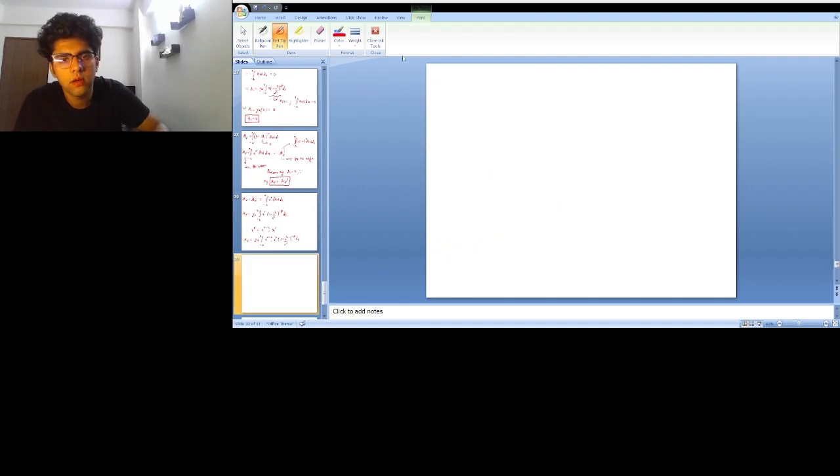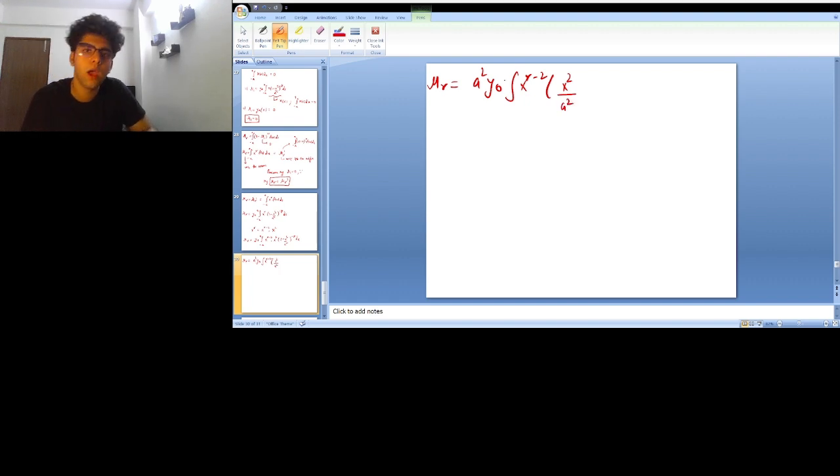So if I multiply this term by a square, this will give me a square y0, because a square is a constant term, and I'll be left with x to the power r minus 2 and x square upon a square. So I multiplied and divided this integral by a square. Now I can add and subtract 1 here, minus 1 plus 1.